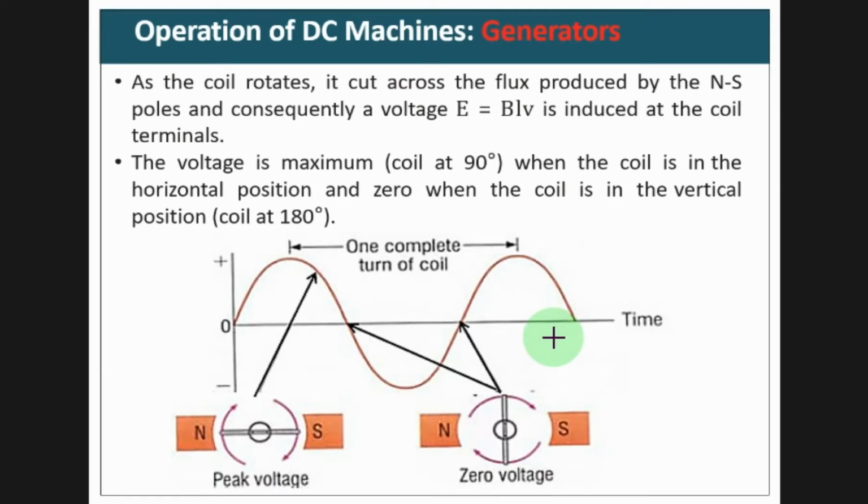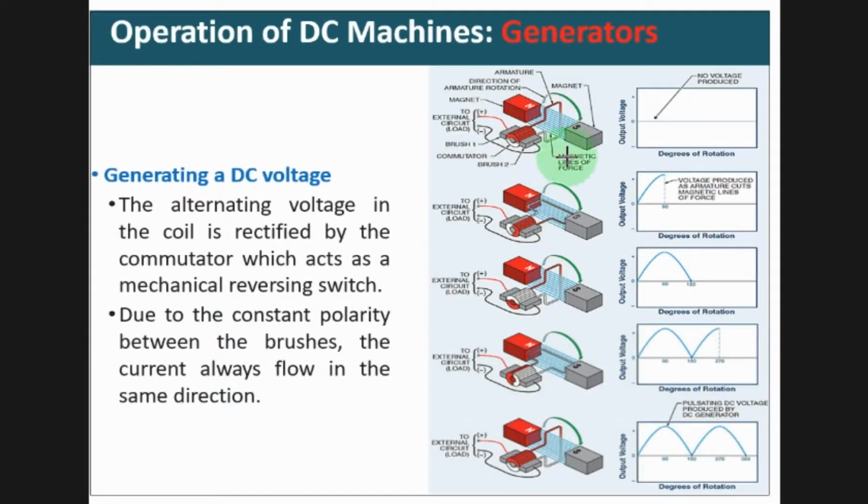So if you need this as a DC current, then you have to rectify it using the commutator like this. Here in the commutator there are two segments which will change the direction of the current supplied to the coil when it is passing this particular location, right?